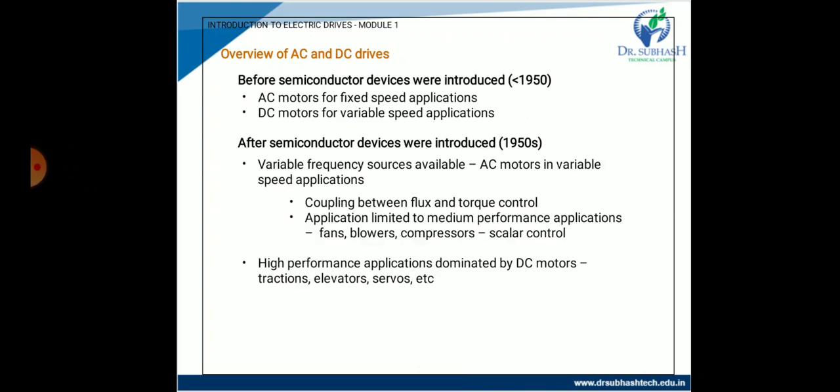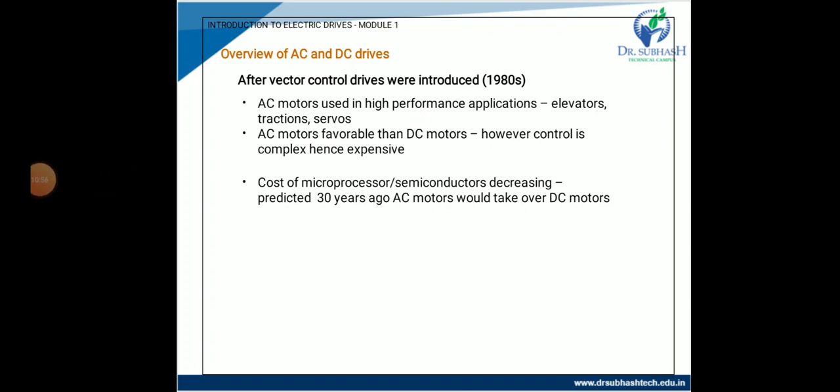Overview of AC and DC drives. Before semiconductor devices were introduced, before the 1950s, AC motors were used for fixed speed applications and DC motors for variable speed applications. After semiconductor devices were introduced, after the 1950s, variable frequency sources became available, and AC motors were used in variable speed applications. High performance applications like traction, elevator, servo were dominated by DC motors. After vector control drives were introduced in the 1980s, AC motors were used in high performance applications like traction and servo.